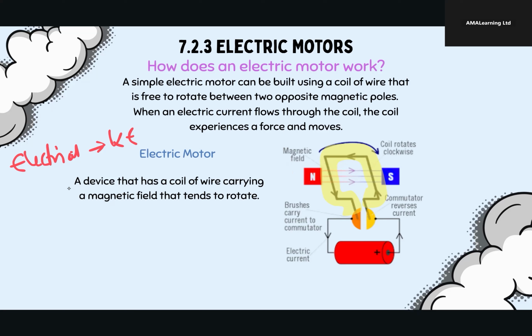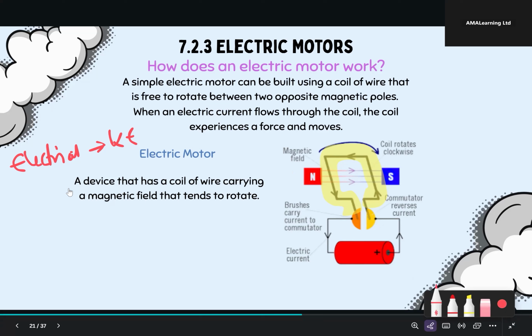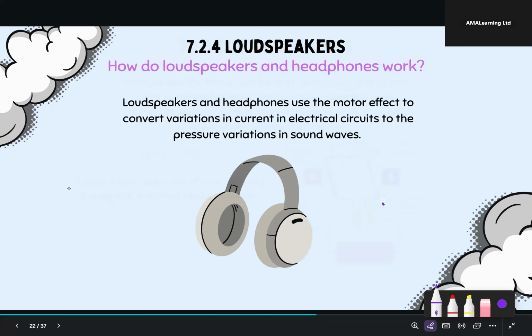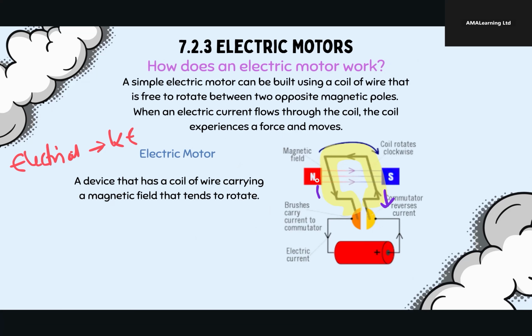Now, as soon as you have an interaction between the magnetic field and the current in the coil, what happens? It creates a force. So it causes this wire to move. And specifically, it causes this half to move downwards and this half to move upwards. That's the bit that we need to understand. And that causes it to spin in circles. And I've explained that from a Fleming's left-hand rule perspective as well.